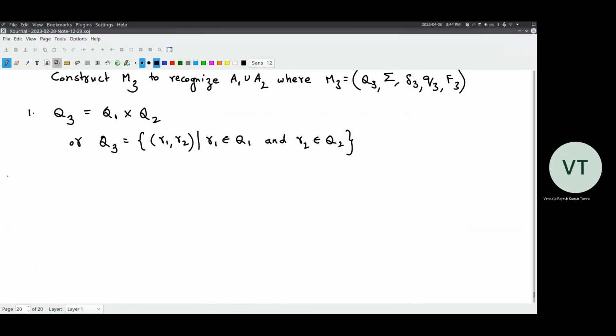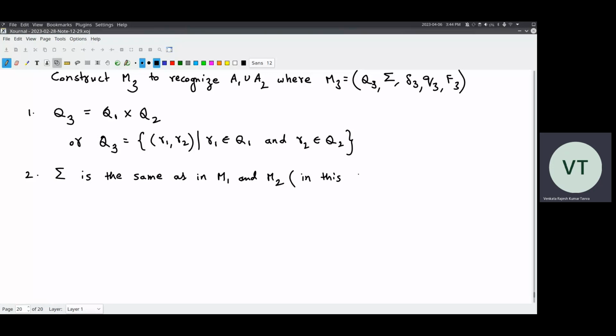Then sigma is the same as in M1 and M2. In this theorem and all the subsequent theorems, we assume this for simplicity.